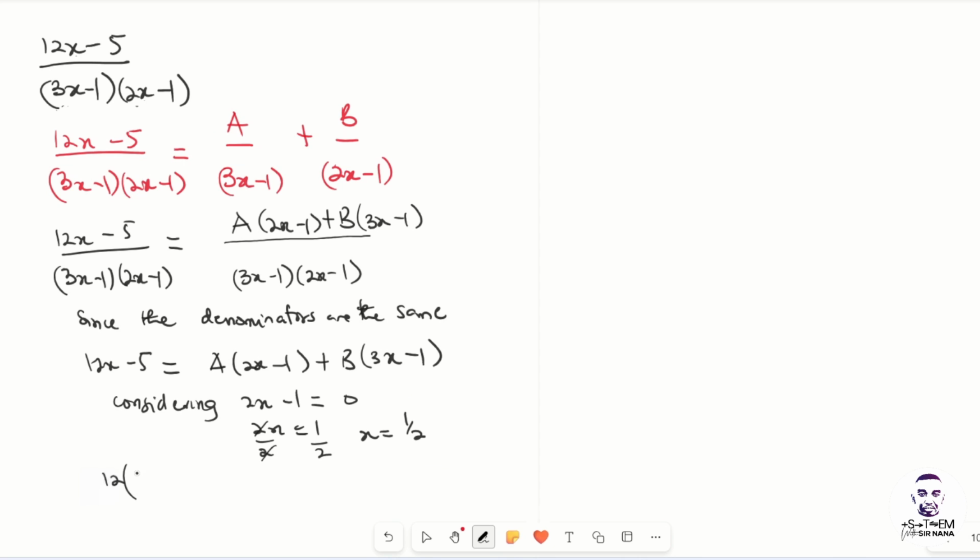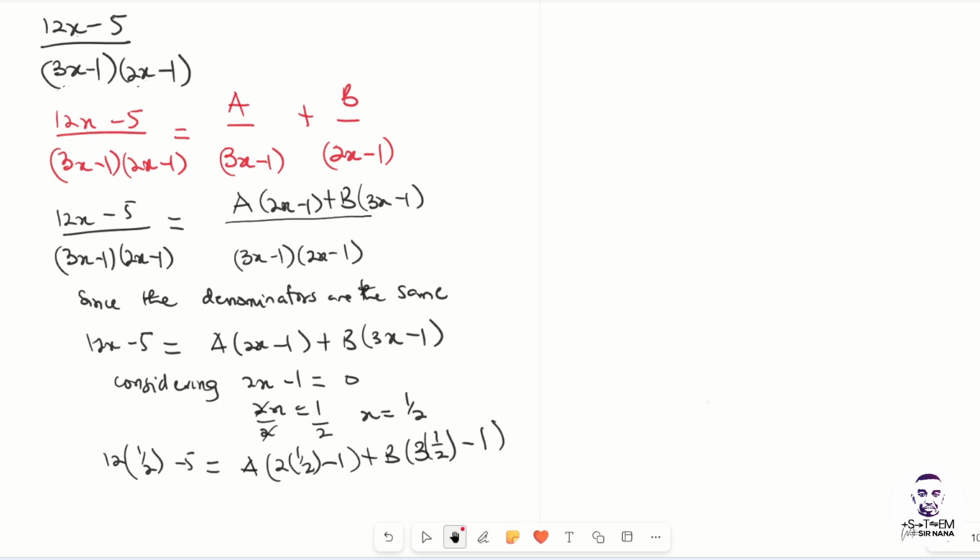So 12 multiplying 1 over 2 minus 5 is equal to A times (2 multiplying 1 over 2 minus 1) plus B times (3 multiplying 1 over 2 minus 1). When we consider it carefully, 2 dividing 12, we have 6 minus 5 here.